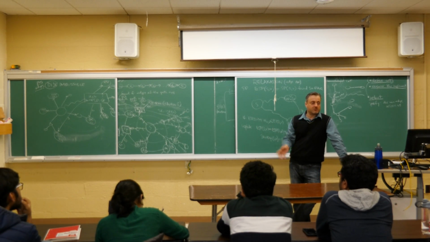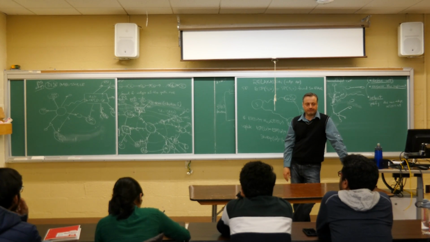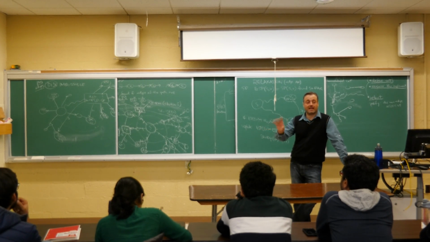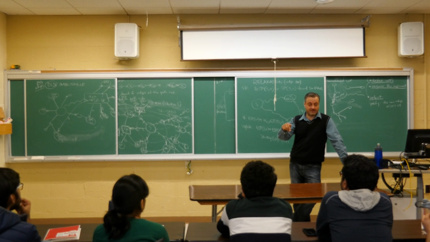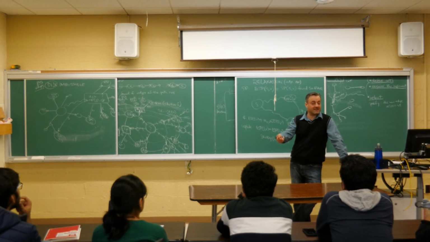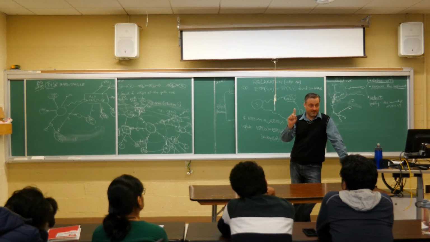Easy. So how many times do I relax each edge? I pick the minimum ESP, relax all edges. Are those relaxations guaranteed to be good? Yes, because the minimum ESP was the shortest path. Am I going to have to relax these edges again? No. So edges get relaxed only once.